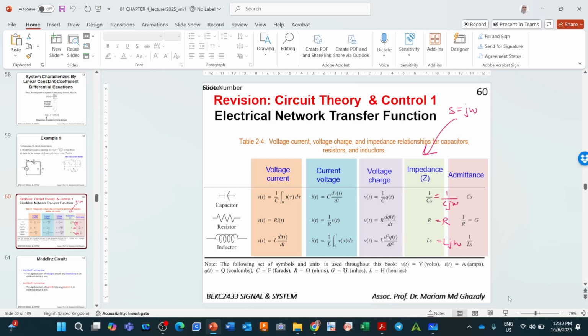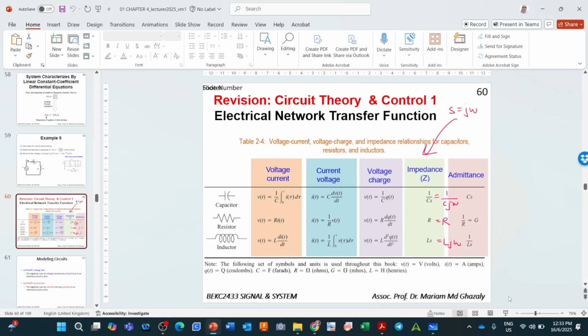L, C, and R are basically values. For example, if the resistance value is 2, then this is equal to 2. If the capacitance value is 2, you write this as 1 over 2 j omega. If the inductance value is 3, you write it as 3 j omega.